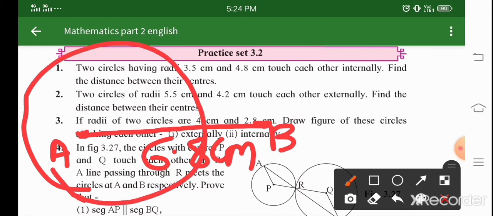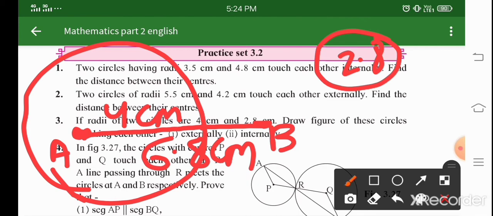Now the next radius is 2.8, right? Let's suppose this is 4 centimeter. Now for the 2.8, again with the help of the compass, take a measurement of 2.8 and keep one point of the compass over here at this point B.